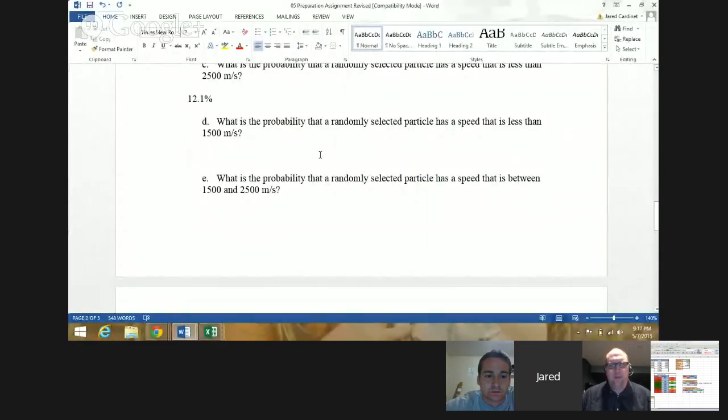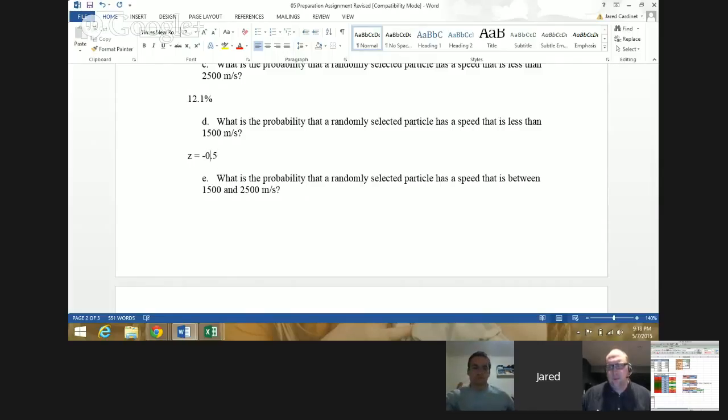I'm sharing my screen now so you can see what I'm doing this time. Okay, what is the probability that a randomly selected particle has a speed that is less than 1500? So same thing, trying to find the z-score. 1500 for the value. Yes. The z-score is going to be 1500 minus 1800 divided by 600, which is the value minus the mean divided by the deviation, and comes out to negative 0.5.